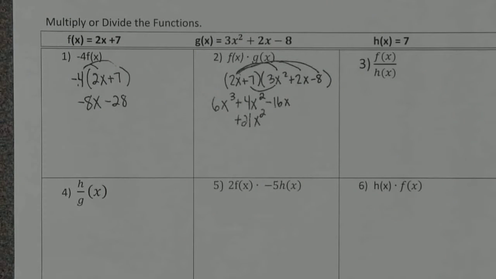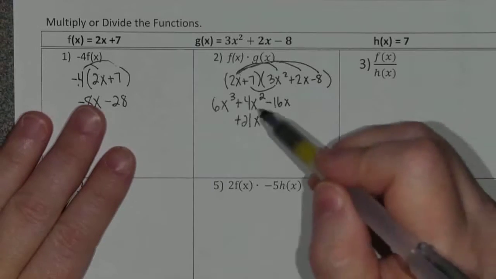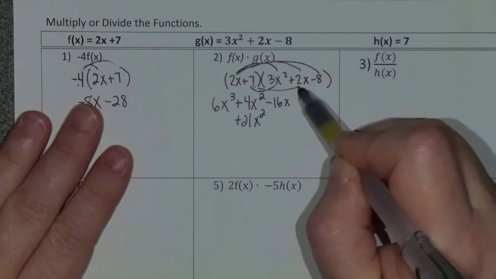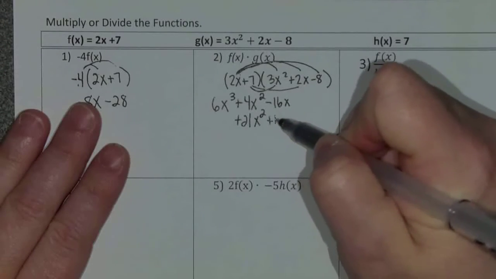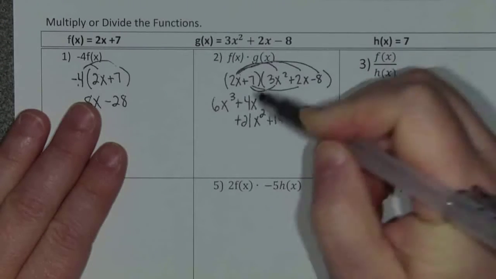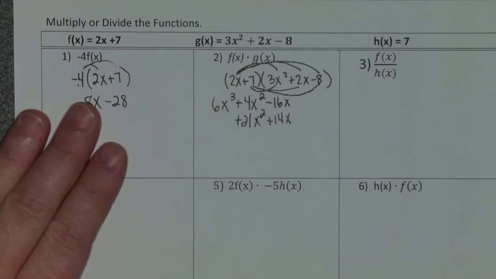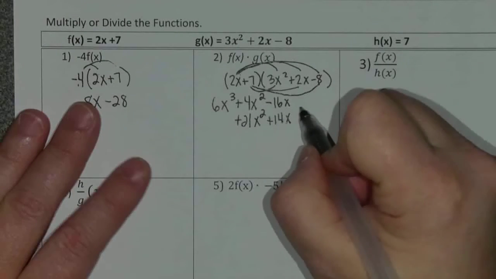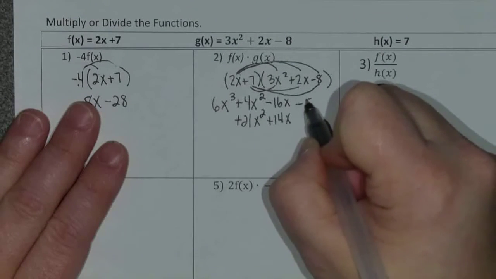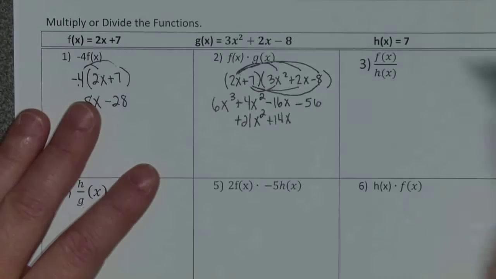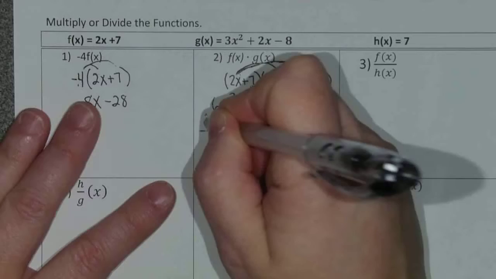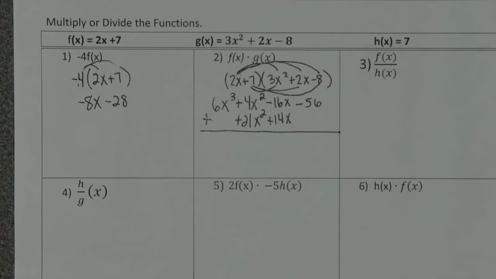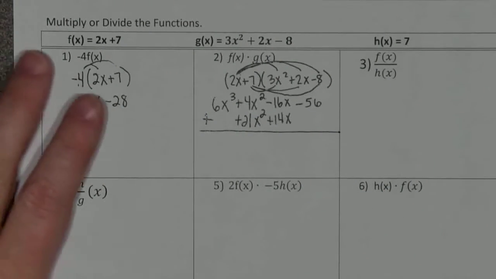So I'm going to stack them as I go so that they're easier to add, okay? So then I have 7 times 2x. Yep, 14x, nice. And then I have 7 times -8. Which is a -56. I'm going to add those straight down now. That's why I stacked them like I did, so that I can combine like terms.